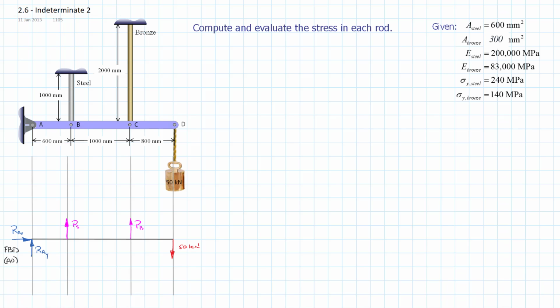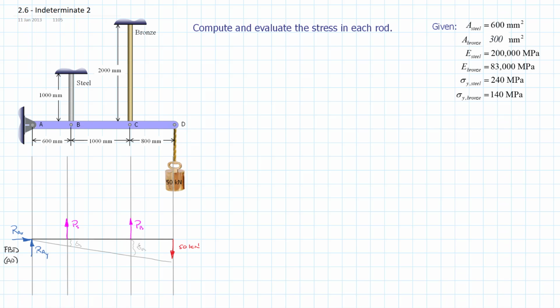I'm going to draw out, in grossly exaggerated form, the deflection. The bar is rigid, so it's not going to bend and will basically deflect down. This distance in here is our elongation in the steel, and this distance in here is our elongation in the bronze rod.